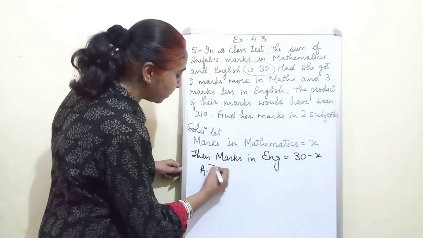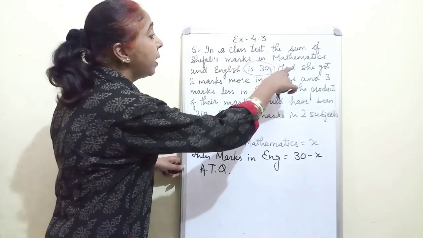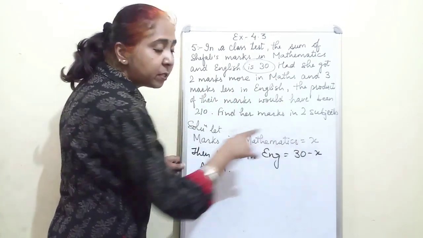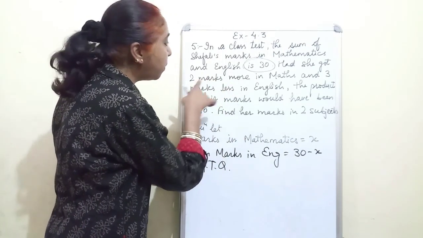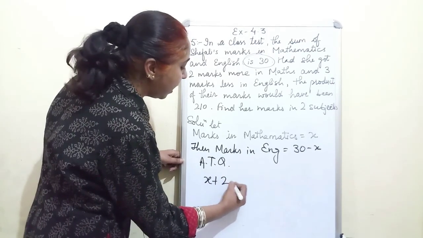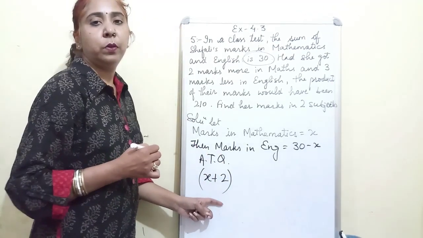Now according to the question, she got 2 marks more in maths. These are the marks of maths, and she got 2 marks more, so the marks of maths will be x plus 2.